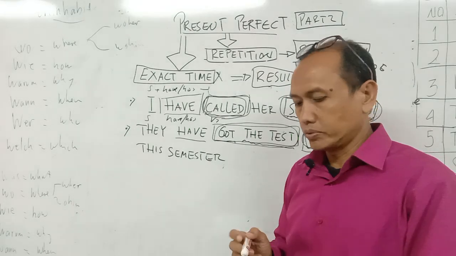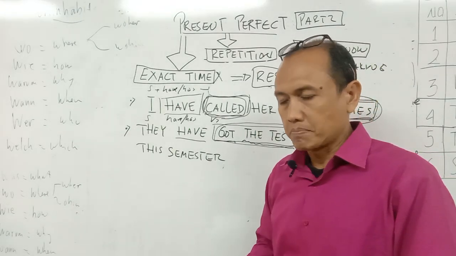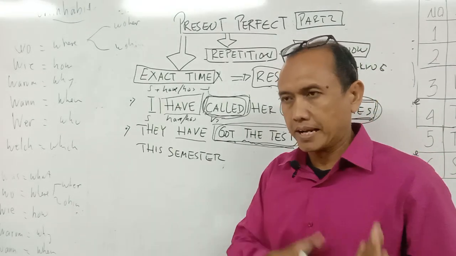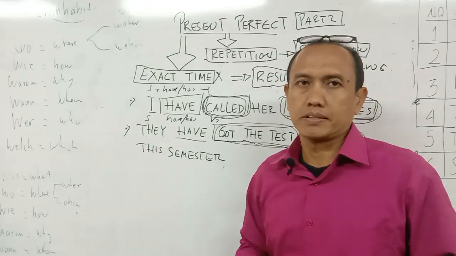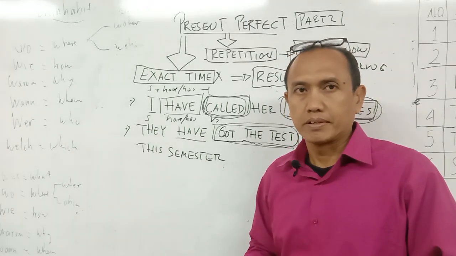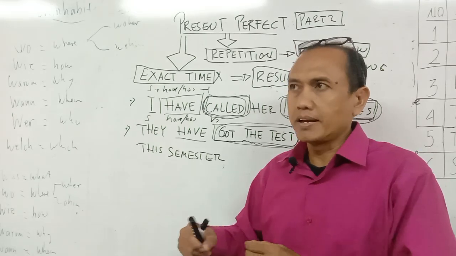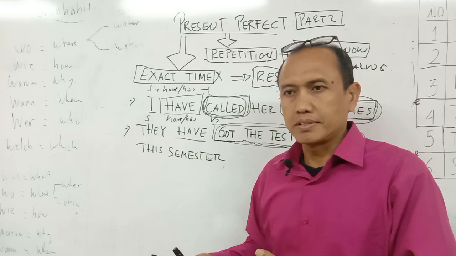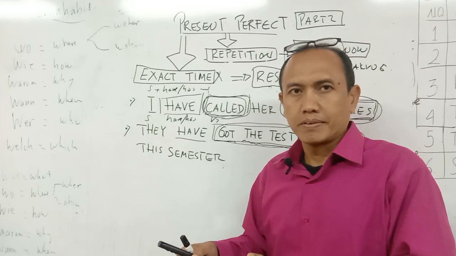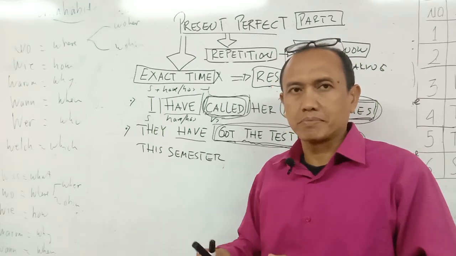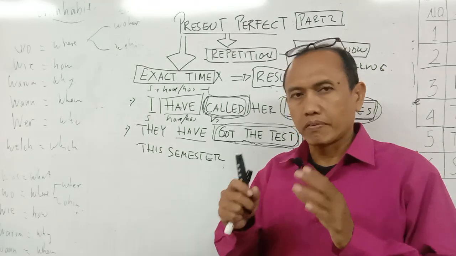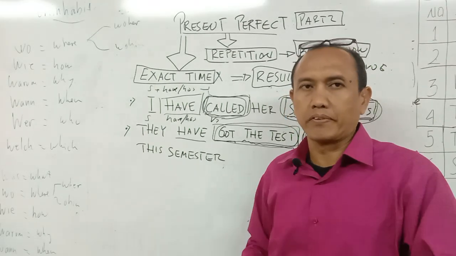When we want to tell an action about the exact time in the past, we can use past tense, not present perfect. In Indonesian language, present perfect and past tense are similar. They are the same. But in English language, they are completely different.